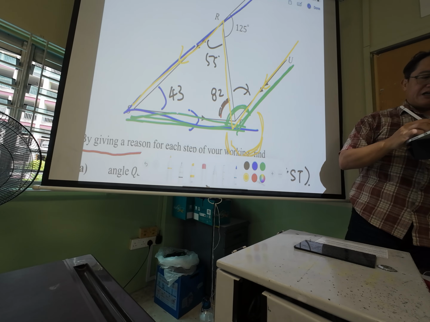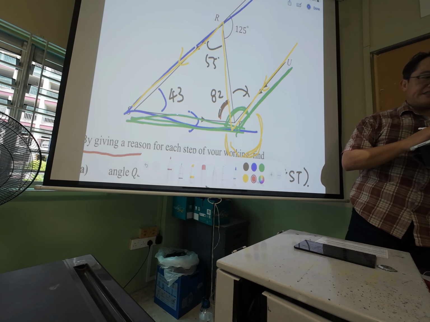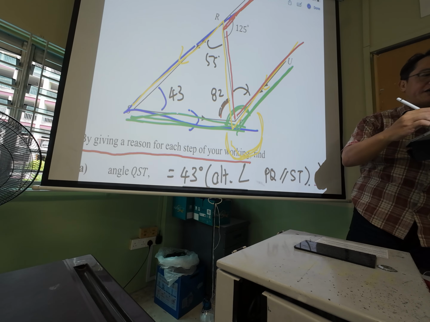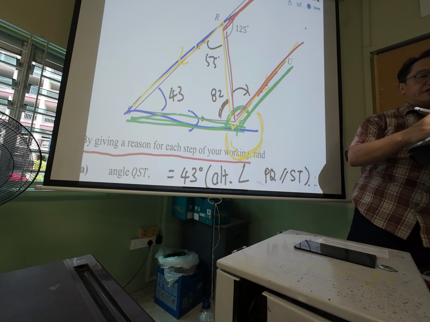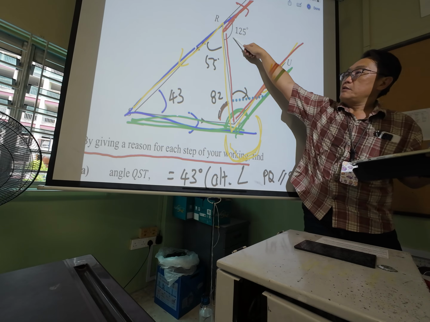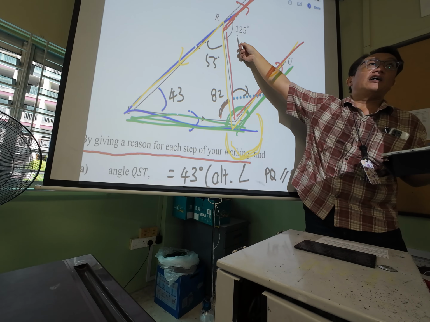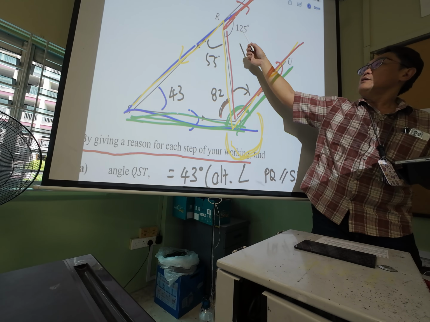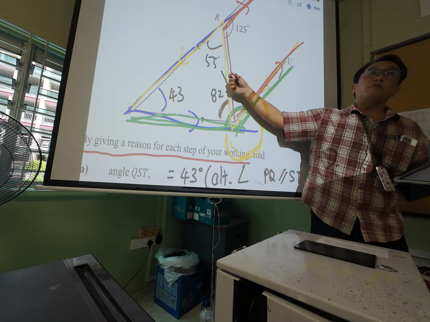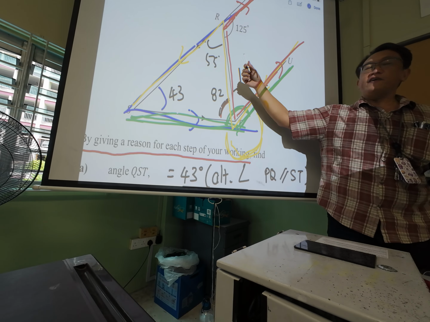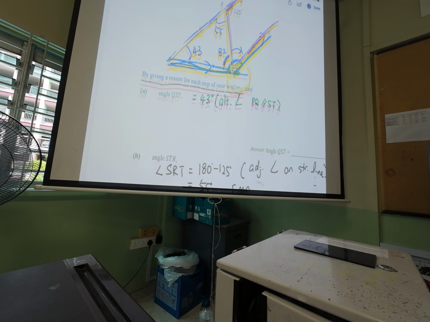If the one you see is here, like that, a U shape, head and tail parallel, there is a U shape, then this angle plus this angle is equal to 180. So this one is 55. So both reasons are okay. You give either reason, I will also mark you correct.